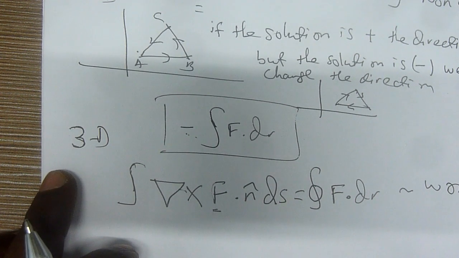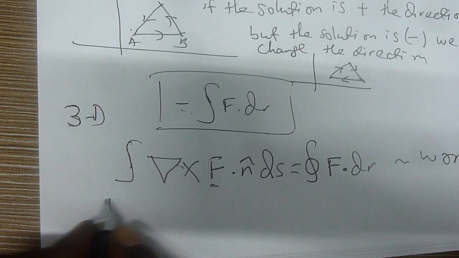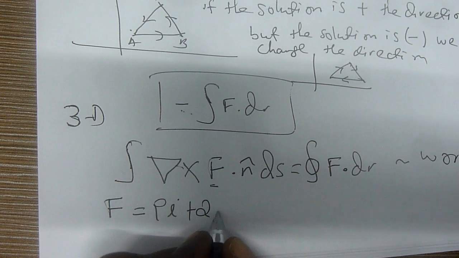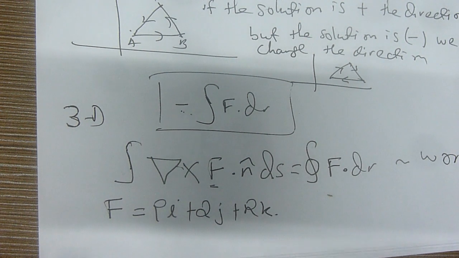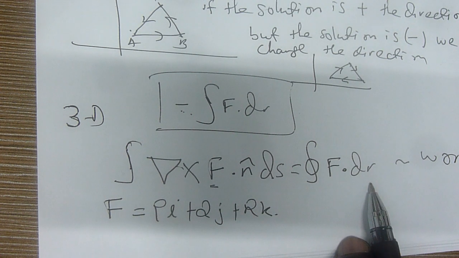Simple, huh? You got it? Another one, for the 3D, if F involves Pi, Qj, Rk, then you need to use 3D to calculate the same work.